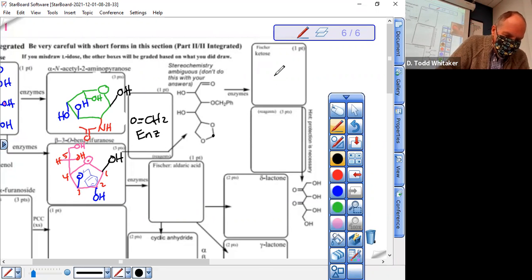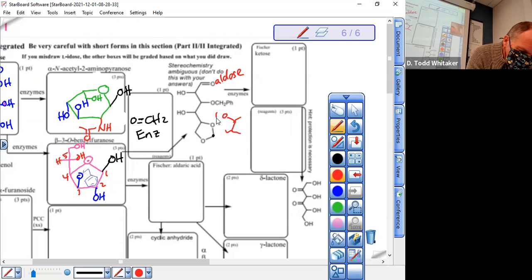And this one is saying, I want you to convert this from the aldose to the ketose. And if you don't know how that happens, it goes by way of the enediol here. So the intermediate that would do that would be this intermediate.